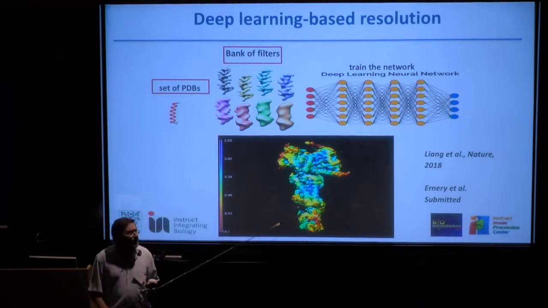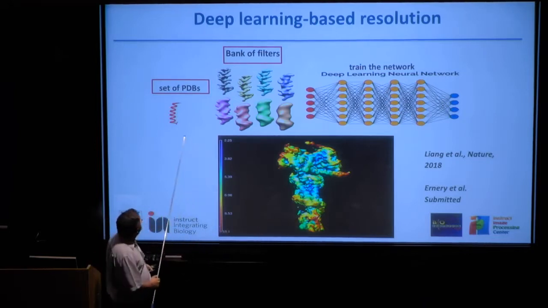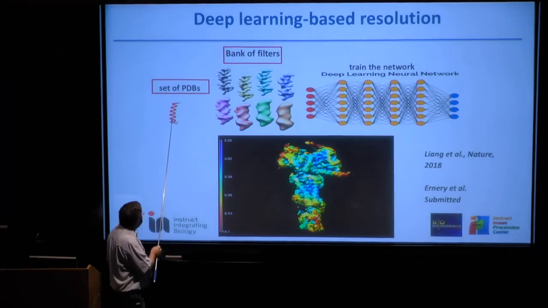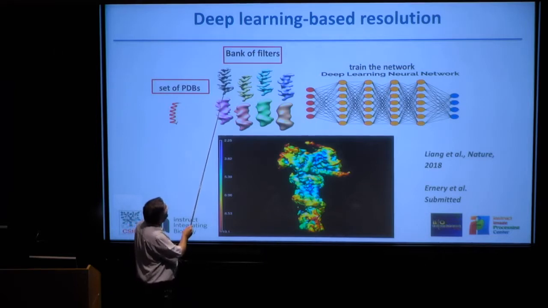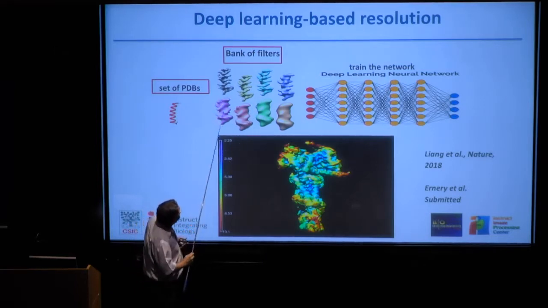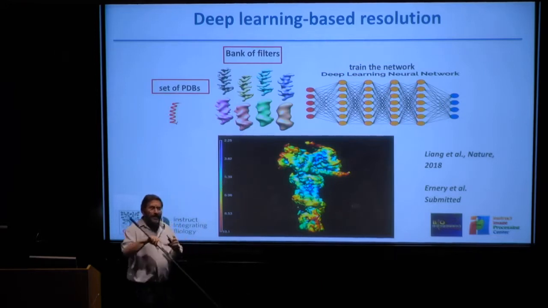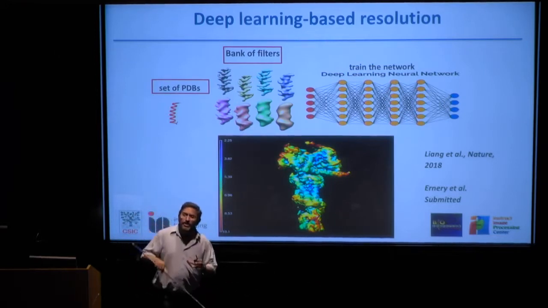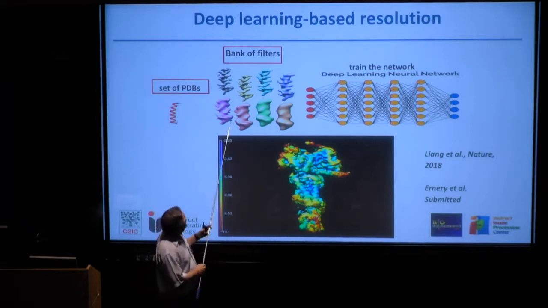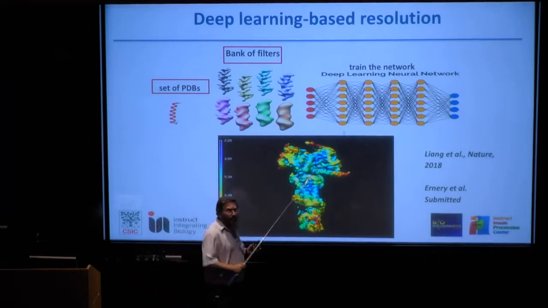Okay, go to the PDB. From each of the structural models, create a map, and now low-pass filter the map by a different resolution, create many small boxes or small cubes, and present those small cubes to the network.